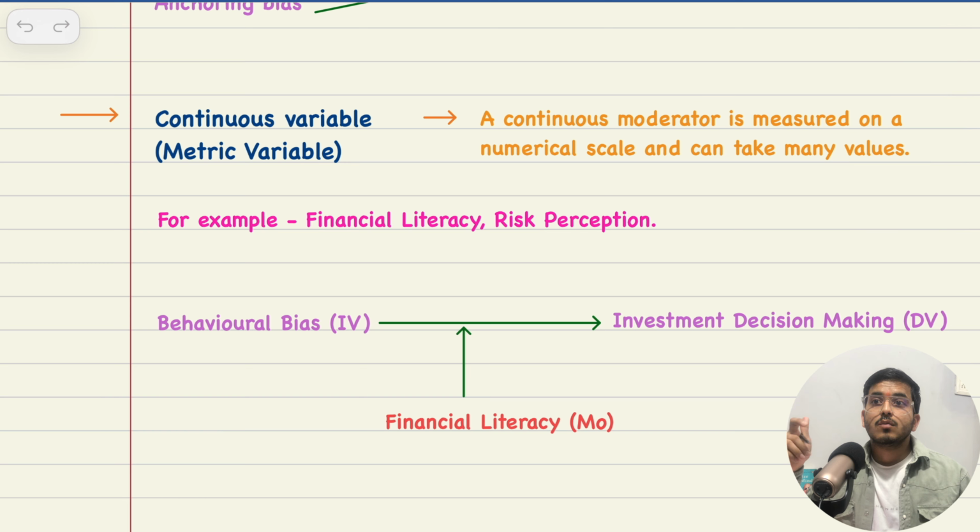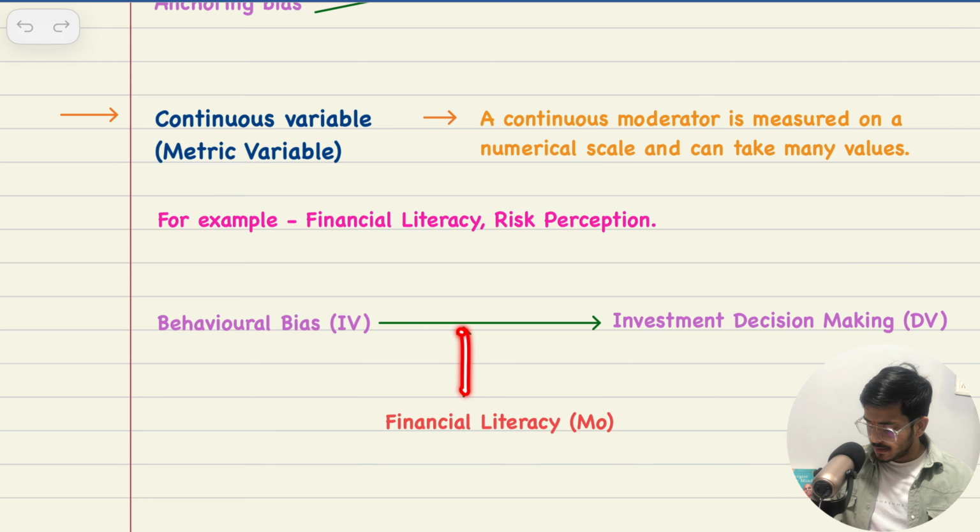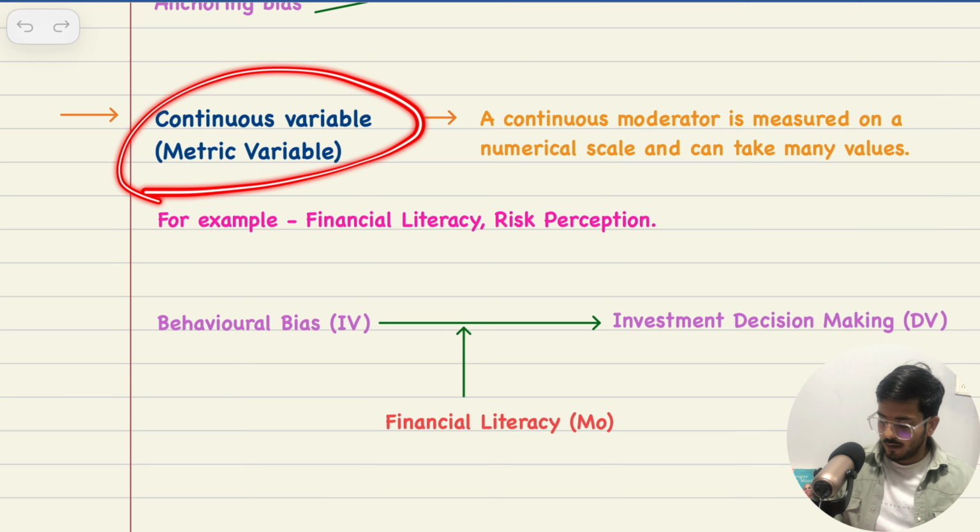But if you want to know how much they know about finance, then you'll have to frame certain questions which will be answered in a particular way, like they strongly agree with that, or they agree, or they are neutral, they disagree, or they strongly disagree. Then you'll get to know the actual financial literacy of these people. So in that case we use a continuous variable.